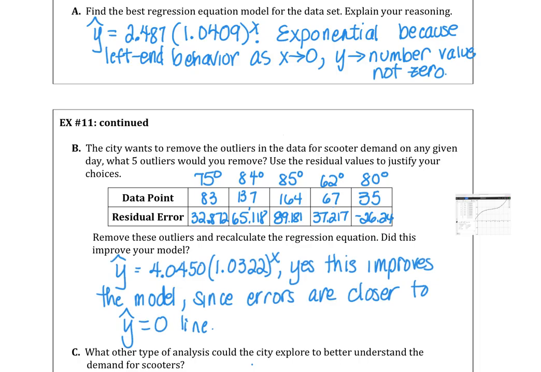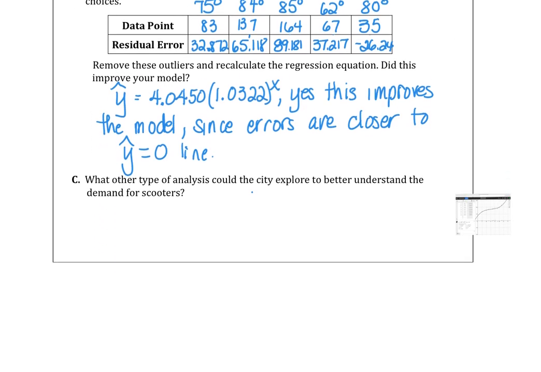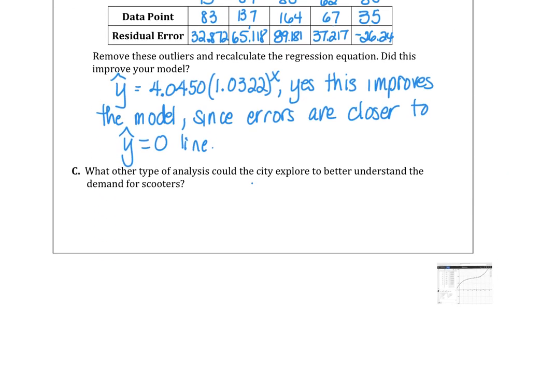And then finally, what other type of analysis could the city explore to better understand the demand for the scooters? My idea would be that they could consider colder temperatures. They could also consider what happens on the weekend. Are there any kind of events that are occurring?